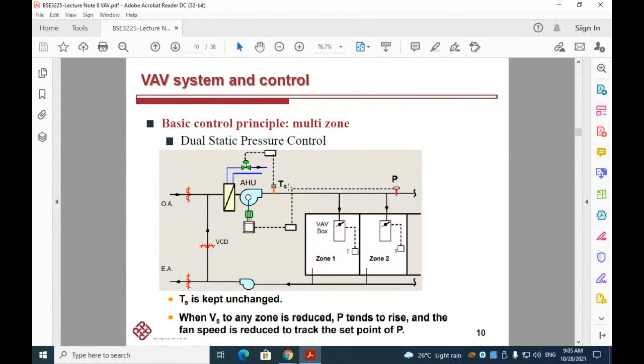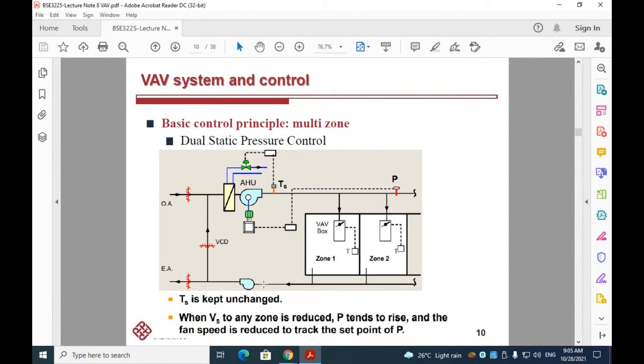So the temperature sensor also will be installed at the outlet of the air handling unit, where it will be connected to a controller that can control the flow rate of the chilled water. So the supply air temperature is kept unchanged.